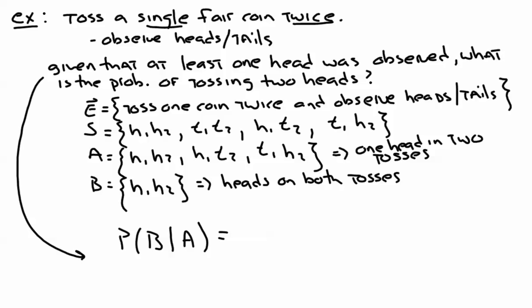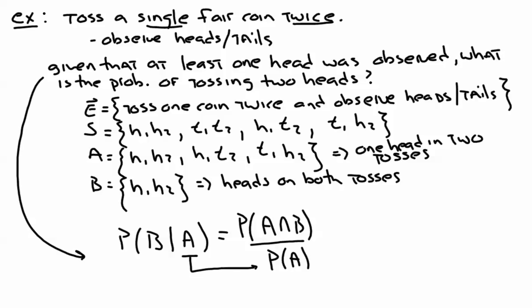And that equals the probability of A intersect B divided by probability of A. The marginal probability that goes in the denominator is always whatever is on the right-hand side of the if bar. Okay? So, let's work that out.